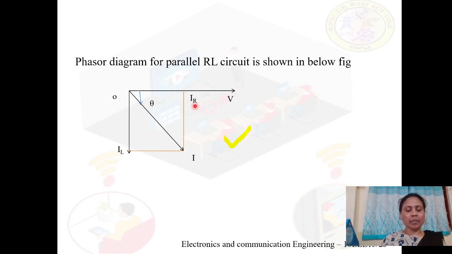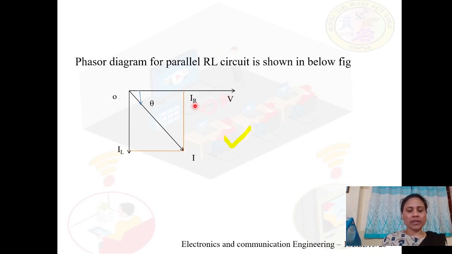For IR, we know that current and voltage are in phase. Therefore, the IR vector should be along V, and IL lags the voltage. Therefore, we will represent IL vertically downward with an angle of 90 degrees.